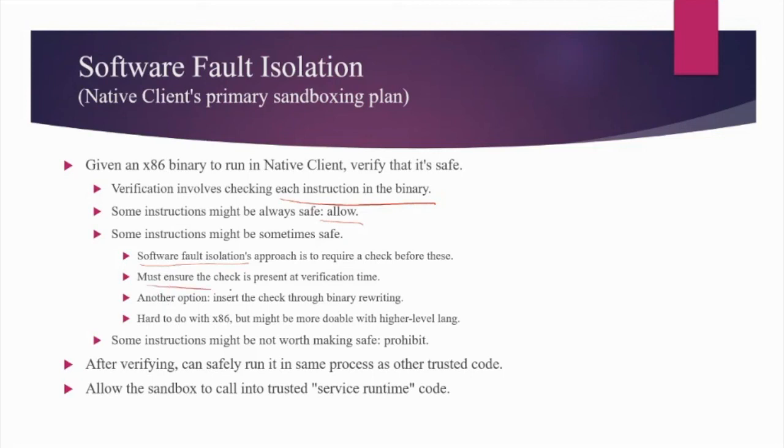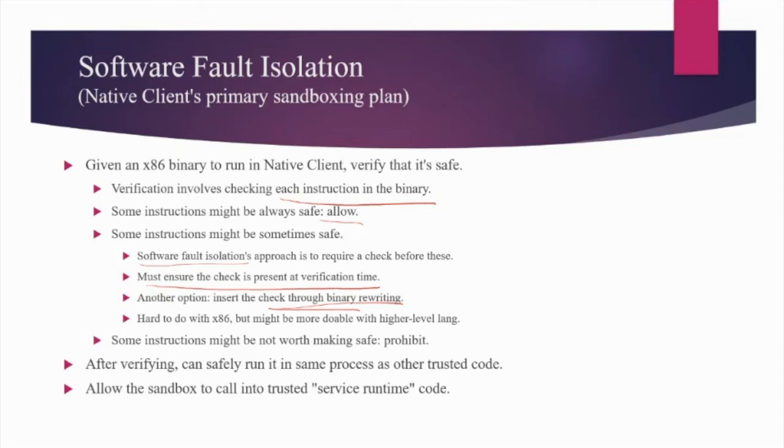We must ensure the check is present at verification time, or another option is to insert the check through binary rewriting, right? So if you remember, we have seen the first step where we just compare. If it is within the range, we will allow it, otherwise we will not allow it. Or the second option is we will convert the untrusted code into safe code, right? So both are ways.